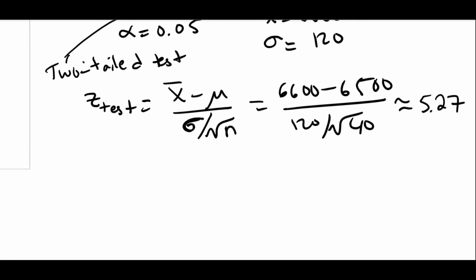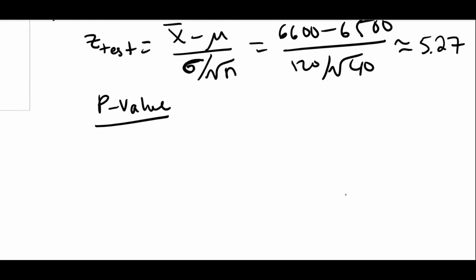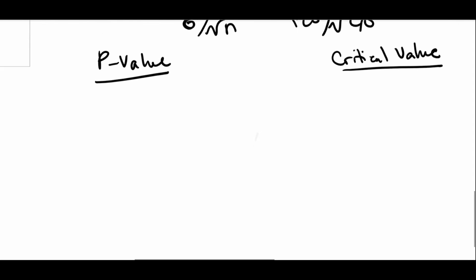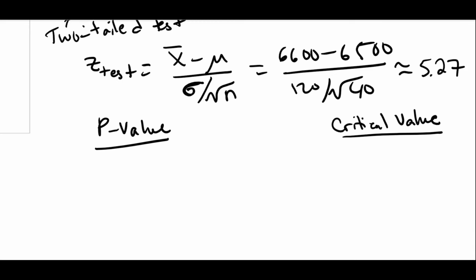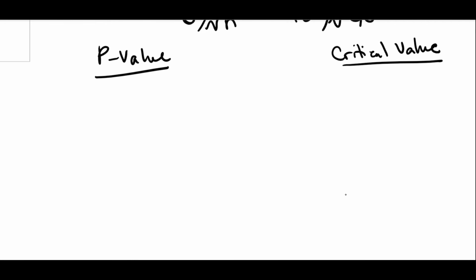All right, next we're going to do the p-value method. And we're going to show you what the difference is between the p-value method and the critical value method. So with the p-value method, we have to actually calculate the p-value based off of the z-test. So we know that we're going to draw our curve.